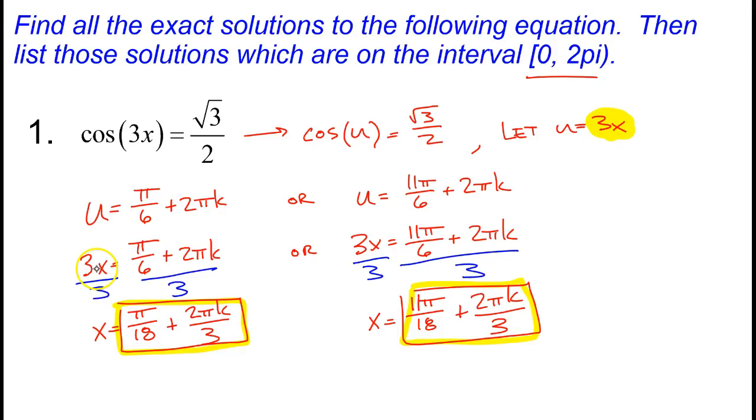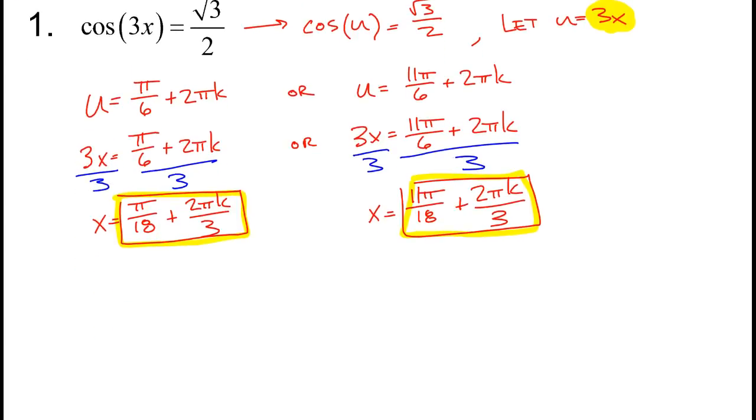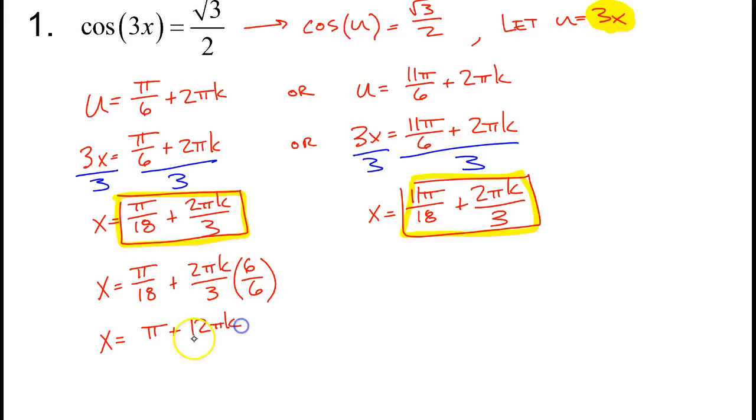So x equals pi over 18 plus 2 pi k over 3, and I need to multiply that by 6 over 6 to give me a common denominator of 18. So now I'm going to have x equals pi plus 2 pi k times 6, which is 12 pi k, all over 18. So this expression and the one that's boxed right above it are equivalent.